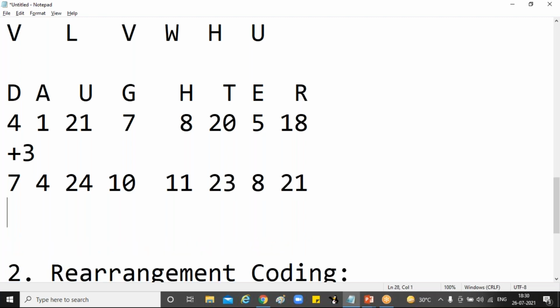What is the seventh letter? G. What is the fourth letter? D. What is the 24th letter? X. 10th letter J, 11th letter K, W, H, U. Understood, all of you?